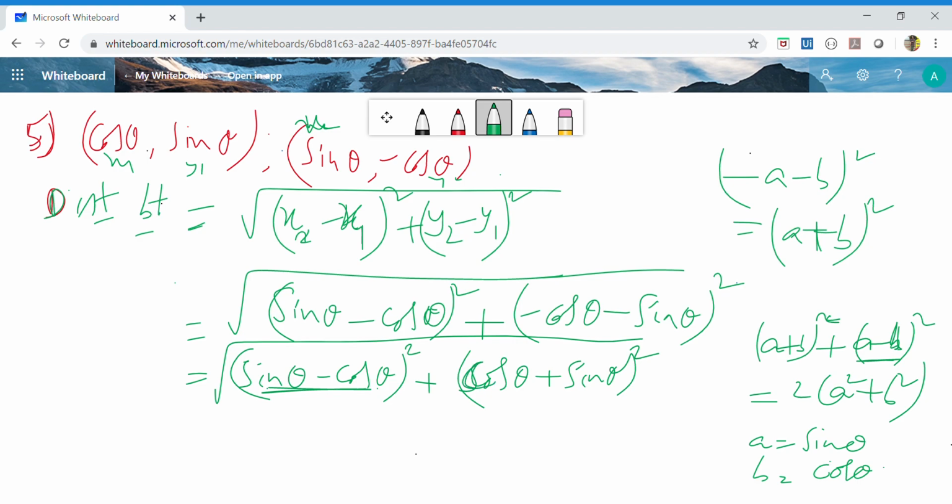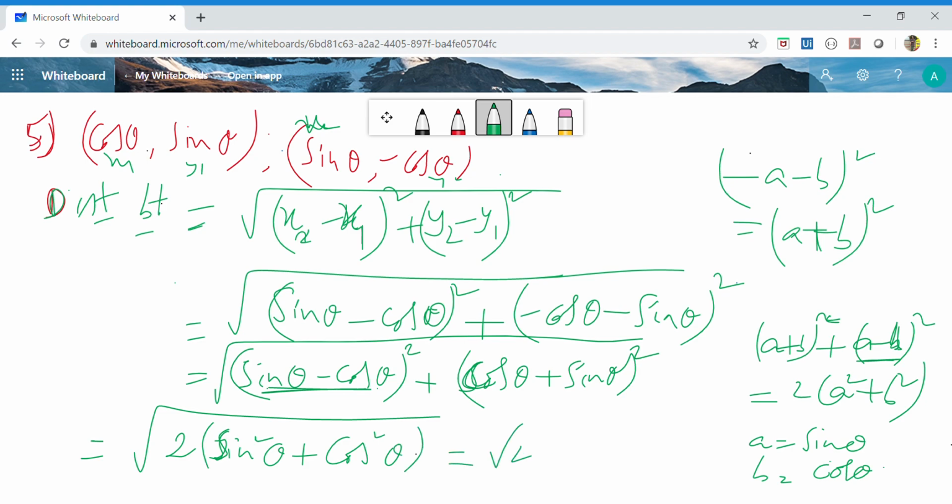So what is the answer for this? Square root of 2 of (a square, meaning sin square theta, plus b square, which is cos square theta). As sin square theta plus cos square theta is 1, root 2 into 1. So root 2 is the answer.